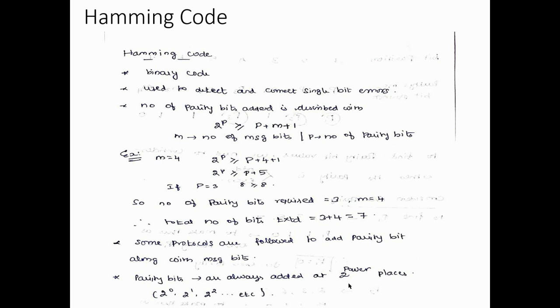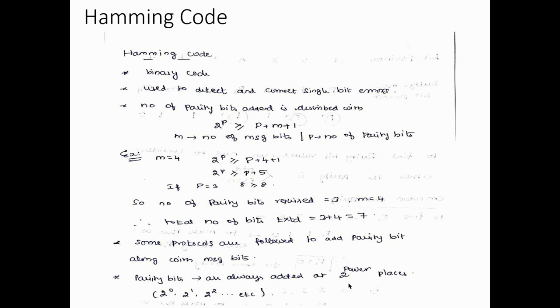There are some common procedures followed to add the parity bits along with the message bits. These three parity bits get added with the four message bits. Normally the parity bits are always added at the 2 power places: 2 power 0, 2 power 1, 2 power 2, and so on. 2 power 0 becomes 1, 2 power 1 becomes 2, 2 power 2 becomes 4. In these places alone we need to add the parity bits.